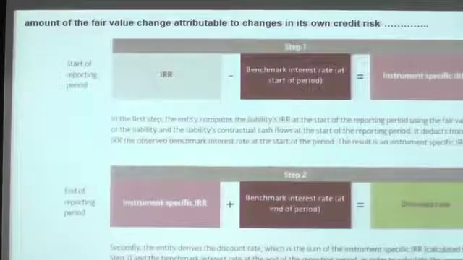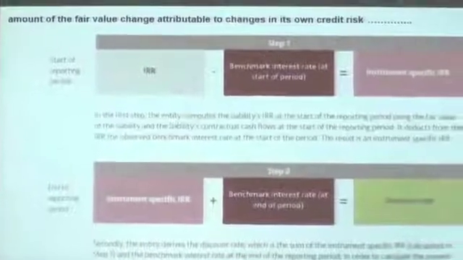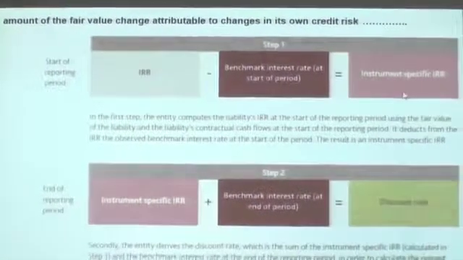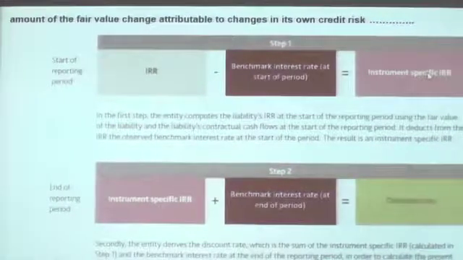That difference is the additional rate you introduce into the bond due to your credit risk. This is the instrument's entire IRR, this is the benchmark interest rate in the market. The difference is the additional part you attach to your bond, called the instrument specific IRR. Is that clear? Let's take a small example for this.